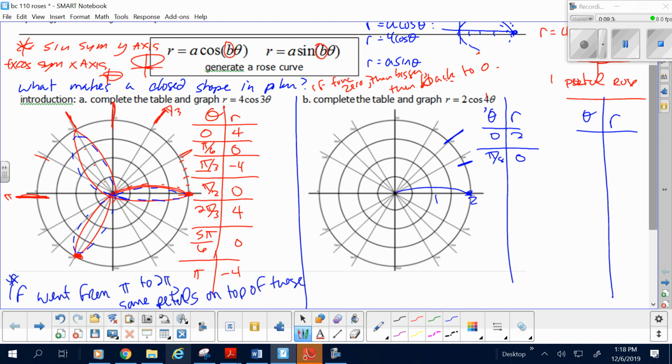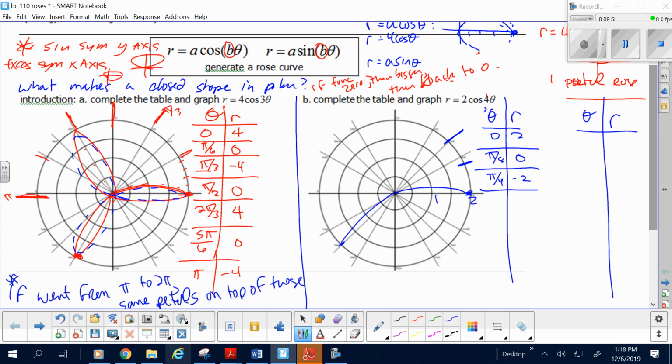So we went into the origin really fast. Now because we went into the origin really fast, this is a thinner petal. 2 pi over 8 or pi over 4. When I put pi over 4 in, I get 2 cosine of pi, which is negative 2. So my third point will actually be in the third quadrant.